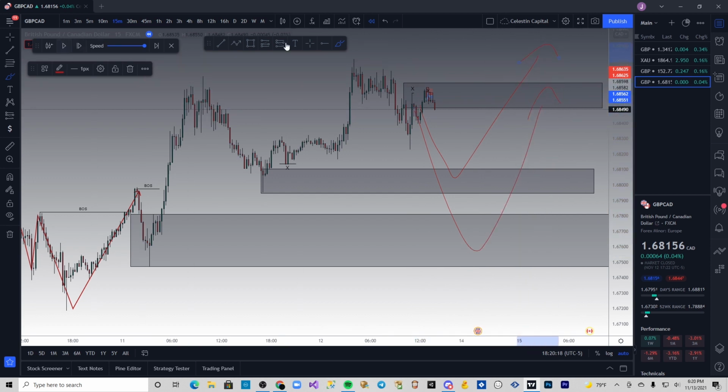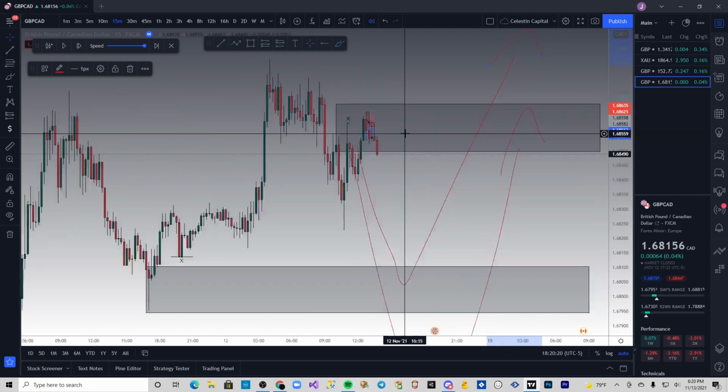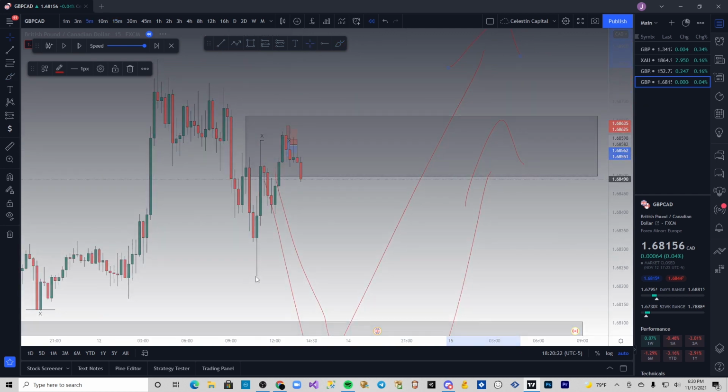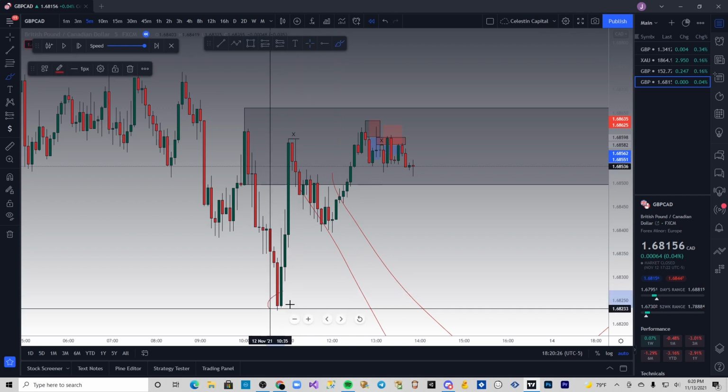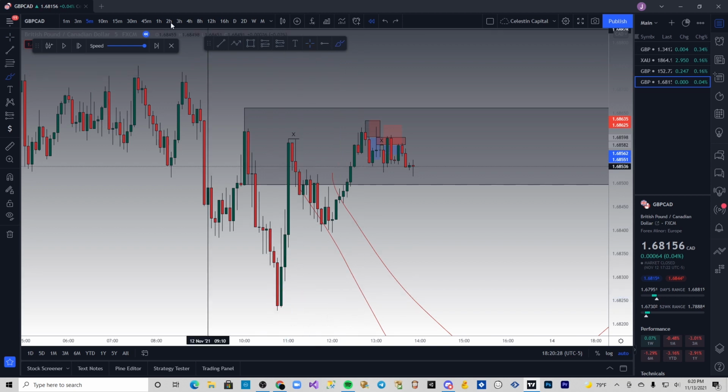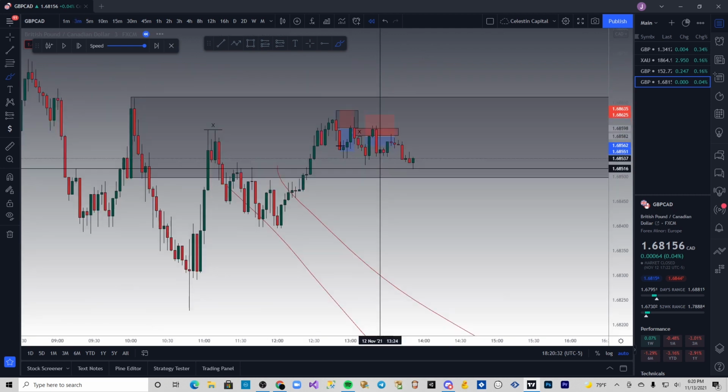I use this low right here as my target, which is seen as liquidity for the banks.